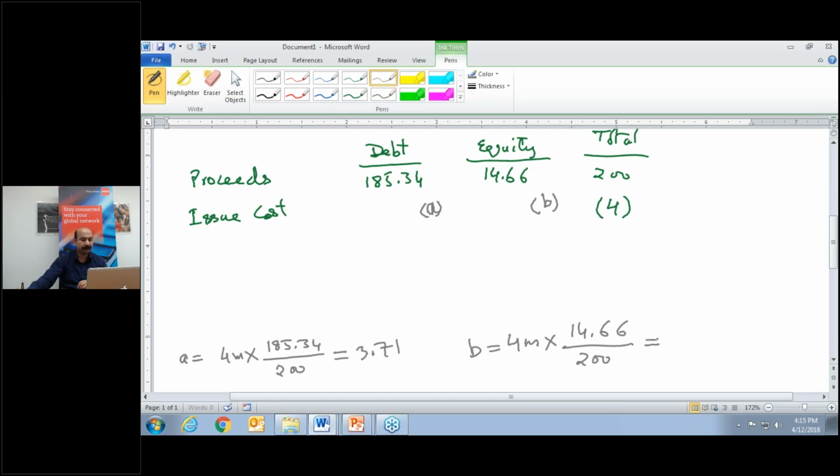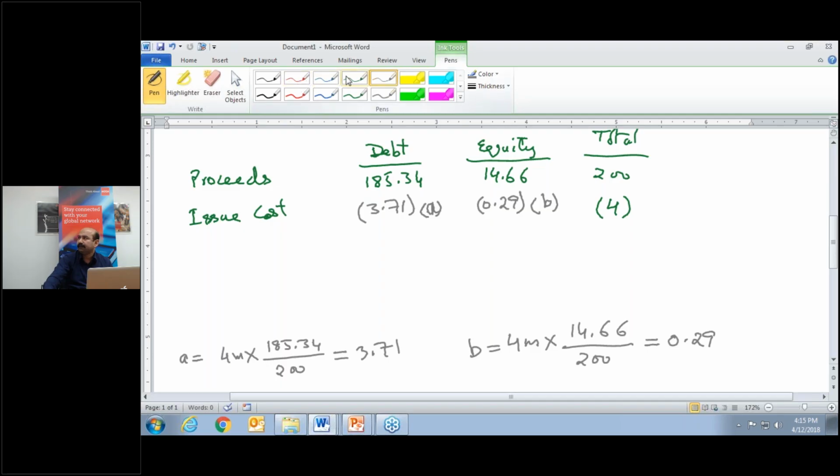So this will give us how much? 0.29. Okay, we'll keep it till this point. So this means 3.71 will be allocated to the debt, and 0.29 will be allocated to the equity.